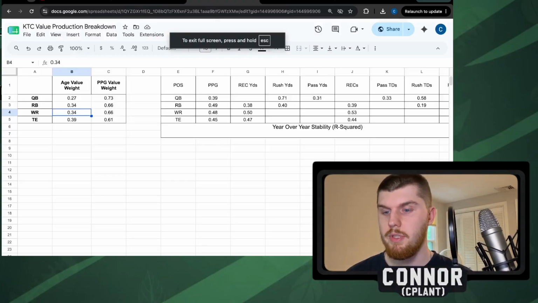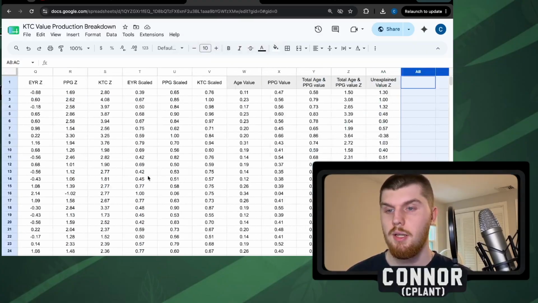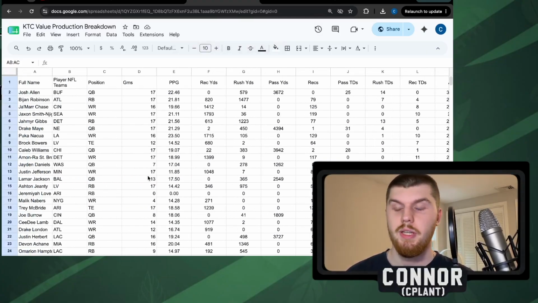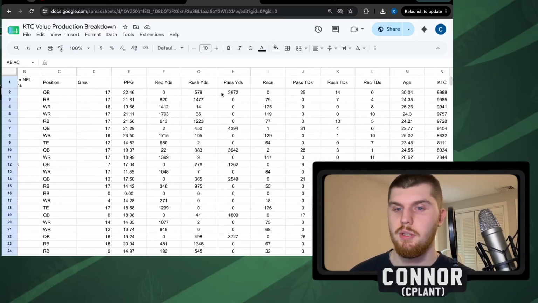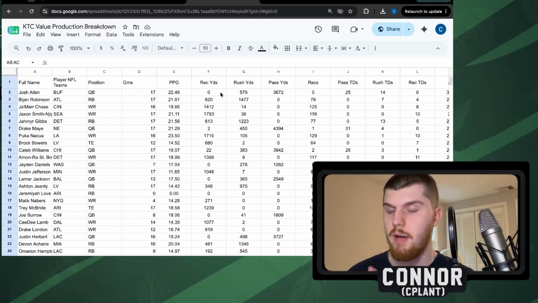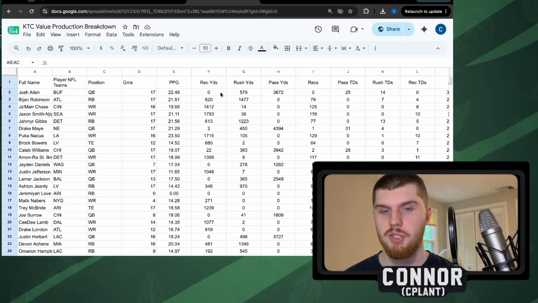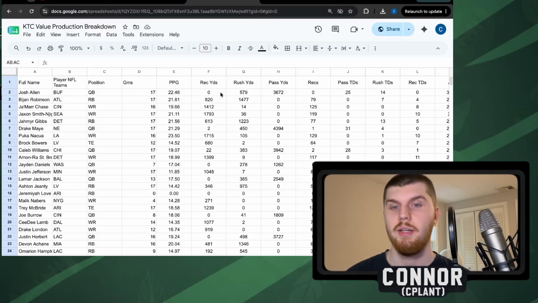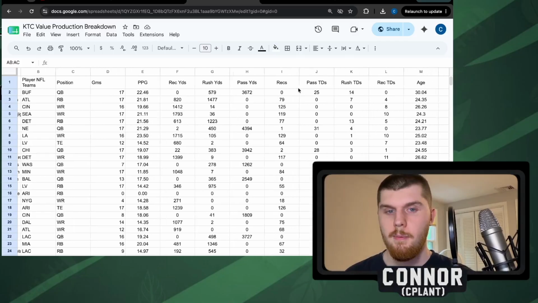So I have this master spreadsheet. I started off pulling data from last year: their points per game, receiving yards, rushing yards, passing yards, receptions, everything. Every player's previous season production in each category that goes into fantasy points.